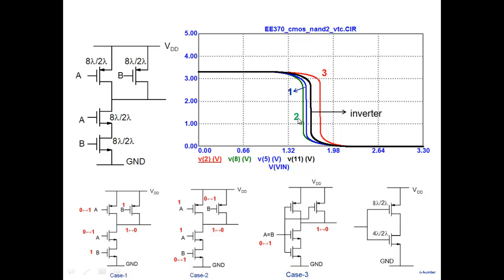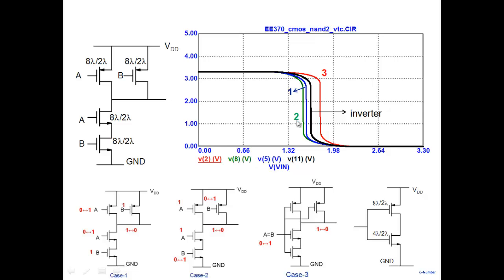There is 3 and there is 1 and then there is 2. If I push 2 towards the middle, then 1 and 3 will go towards the right. So it's not possible to have a VTC right in the middle because we have different conditions. So do we understand why these VTCs are shifted in this particular manner here?